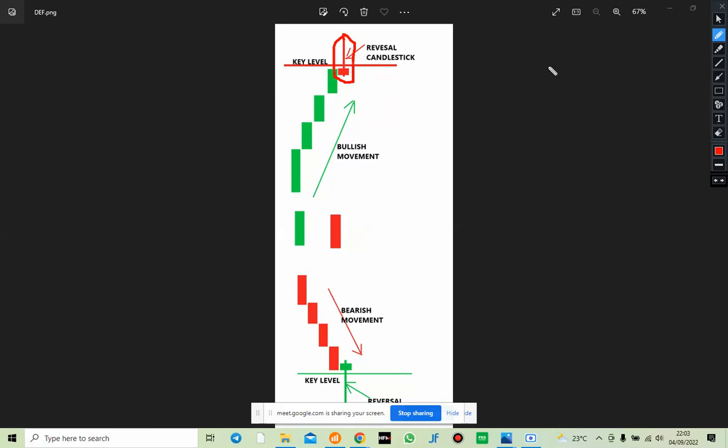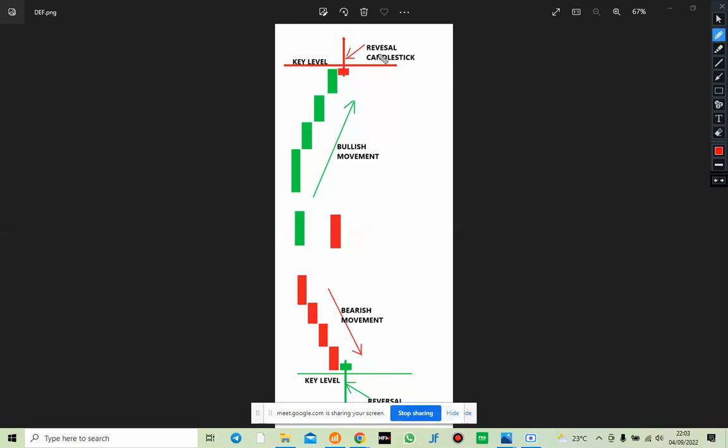Sometimes I see a doji candlestick, and sometimes a spinning top. These are the candlesticks I expect, but mostly it can be a gravestone doji or a shooting star candlestick. So this is our reversal candlestick.